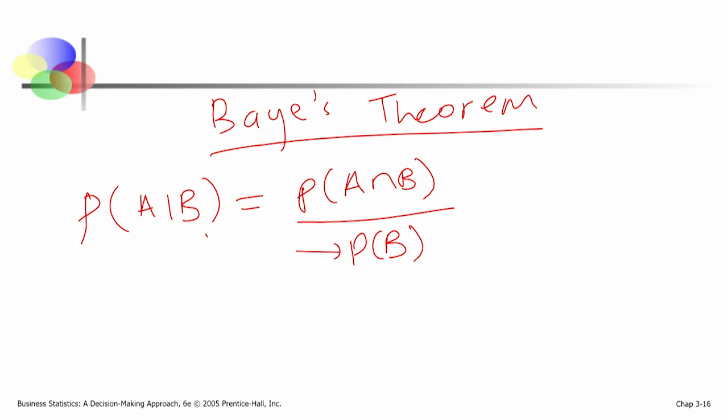This is the intersection between A and B, which can be found in this formula here.